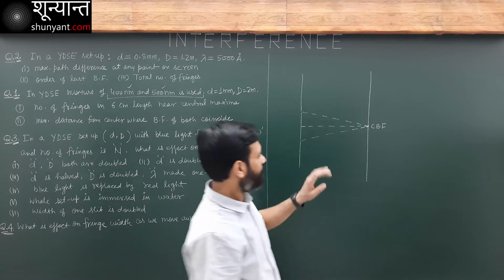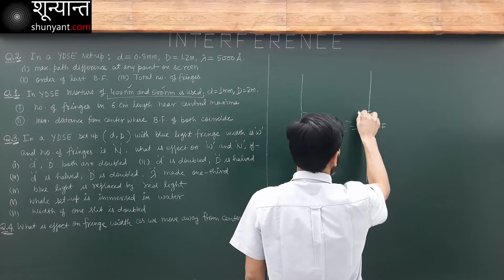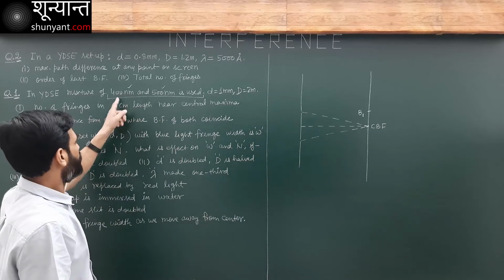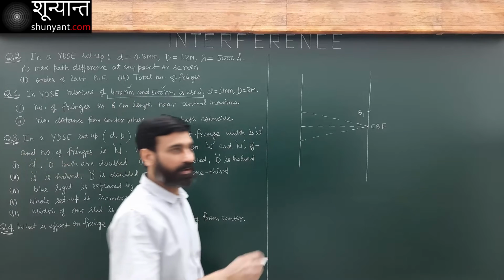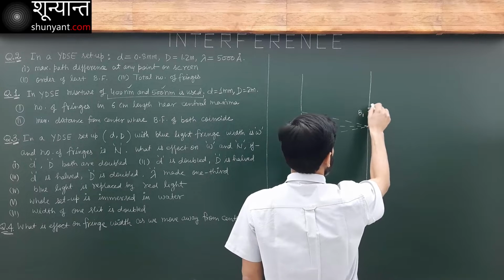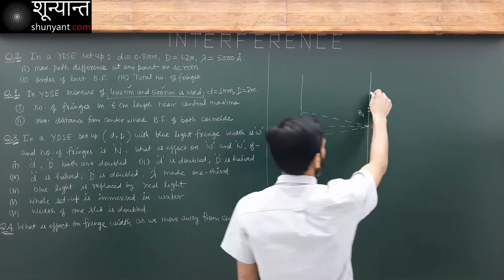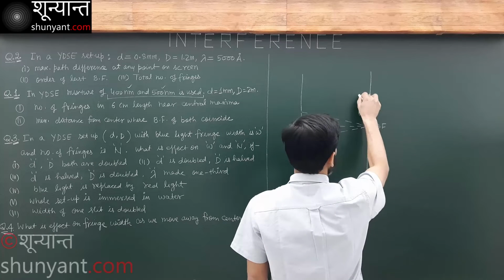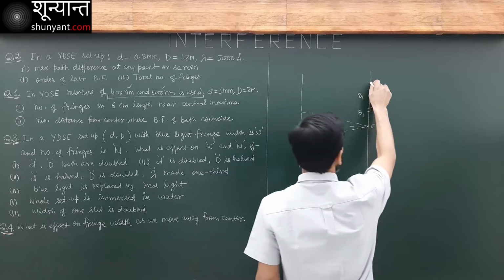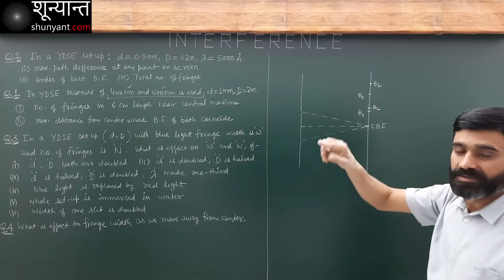Now away from the center, at different positions, let's say here I get a bright fringe of the first light, 400 nanometer. Then at some point nearby I get a bright fringe of the second light, B1. Then this repeats, and this becomes B2, a bright fringe for the second wavelength.